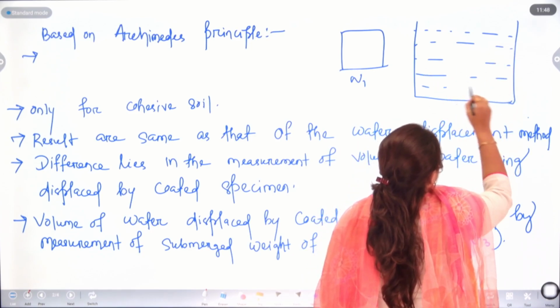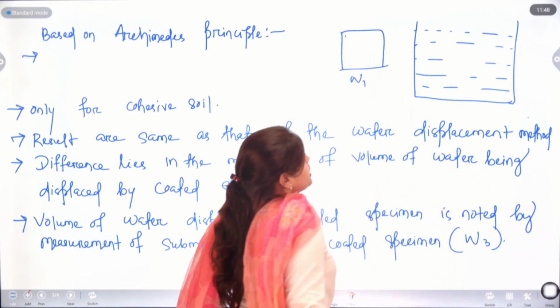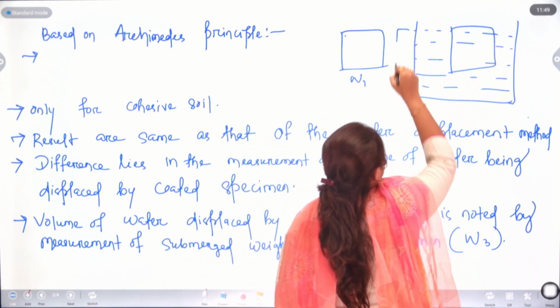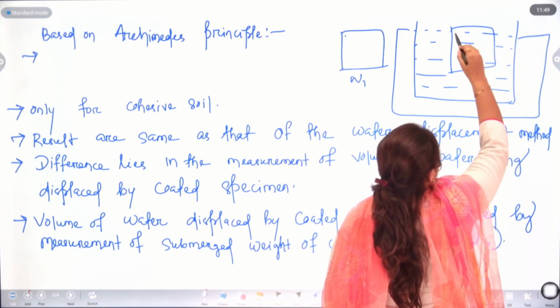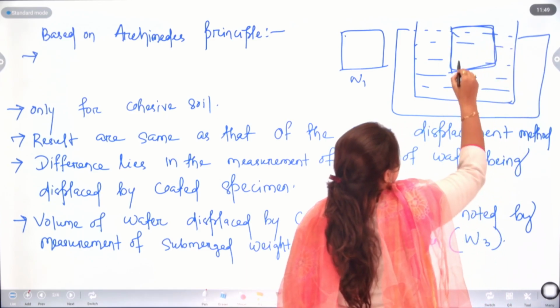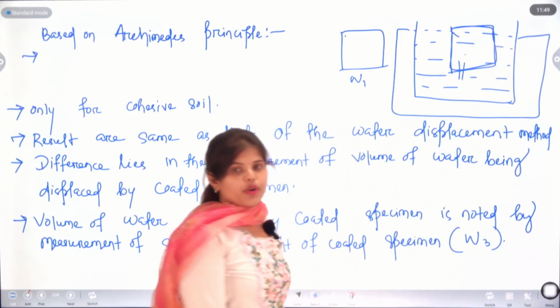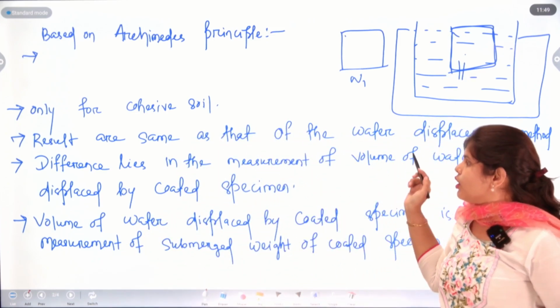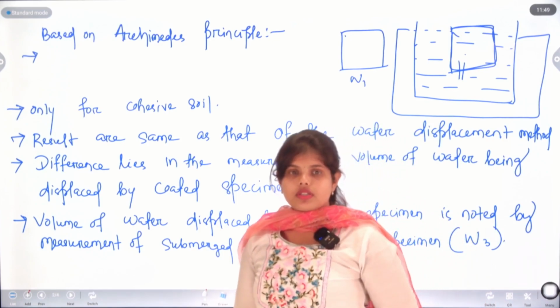As per Archimedes, if we put this W1 inside this bucket, the water displaced will be similar to the weight of this body. So, we will use this principle here to calculate unit weight of soil.